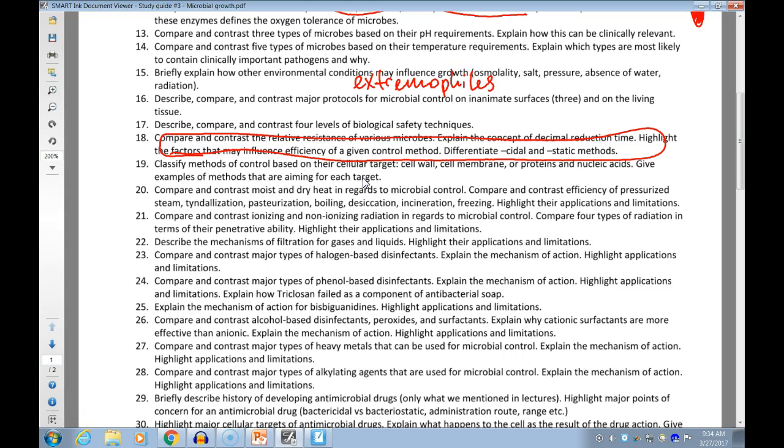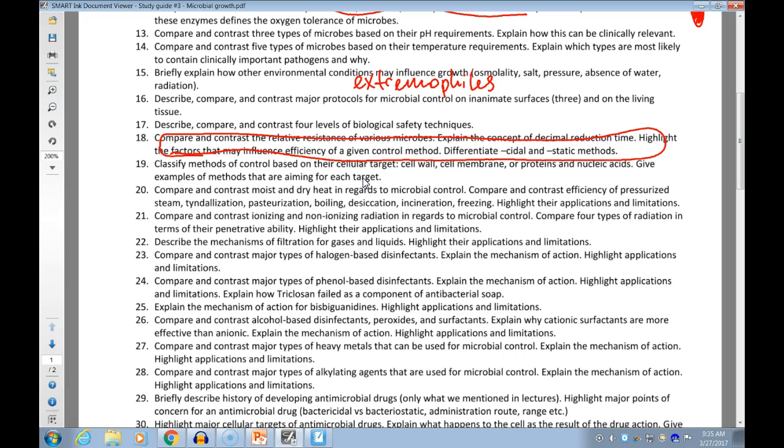But if you say, look, we can use filtration, but we won't get rid of viruses, that's a good point. So this is to prepare yourself for say questions, to keep in mind what different things will do.